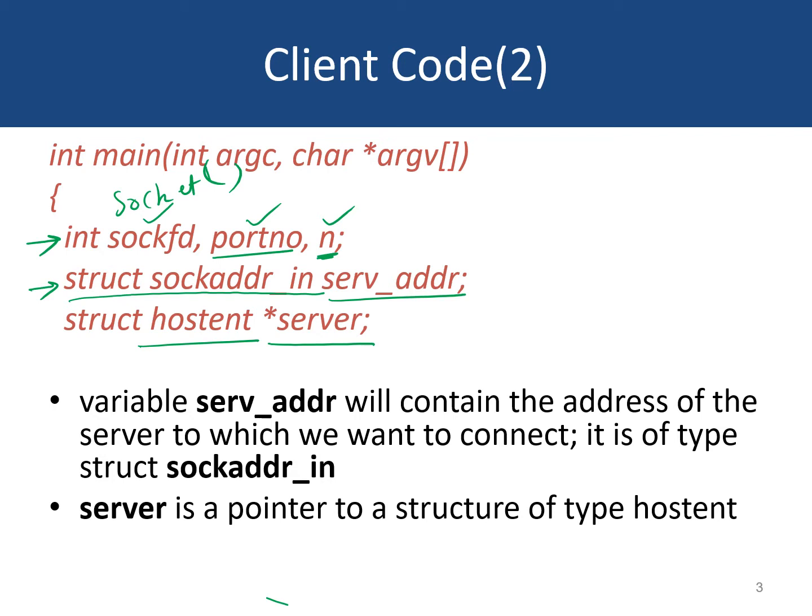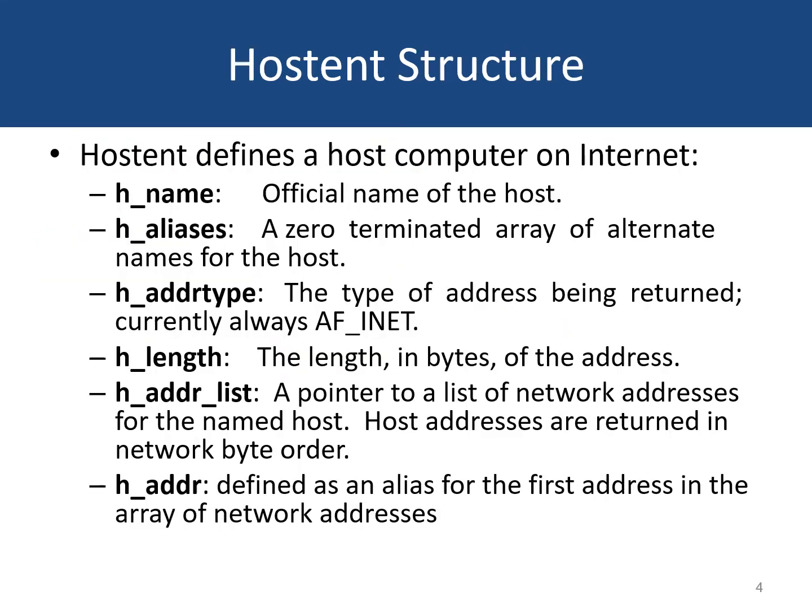This structure is defined in the header file netdb.h. Note that we are using this hostent structure to store information about the server machine which we want to connect to. The hostent structure defines a host computer on the internet, and it stores a bunch of information about that host or that server machine.